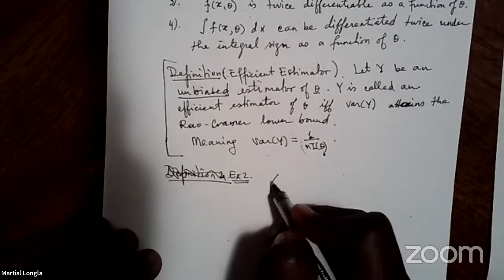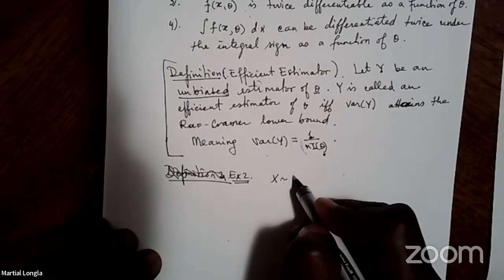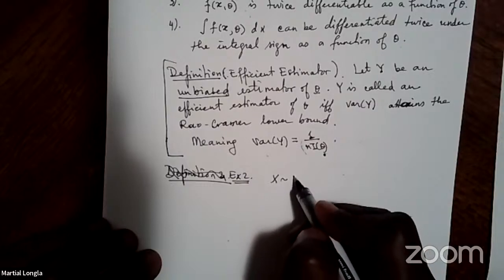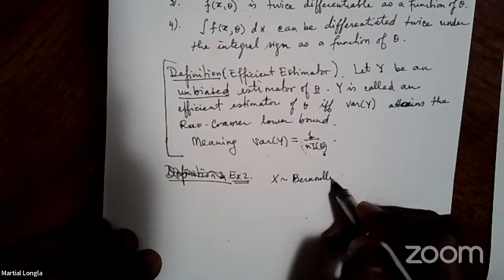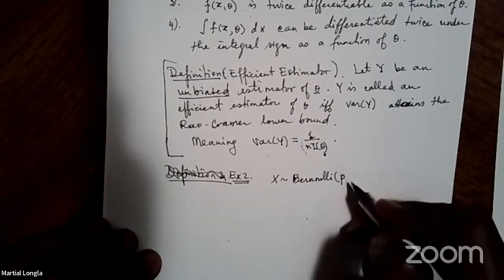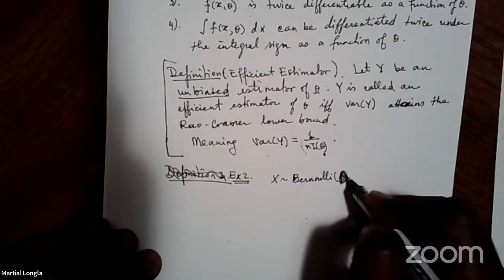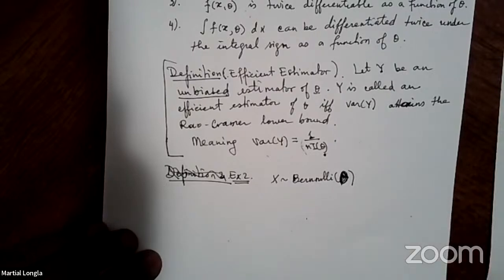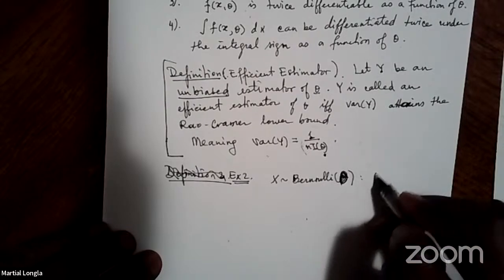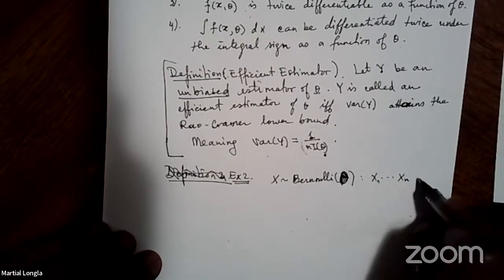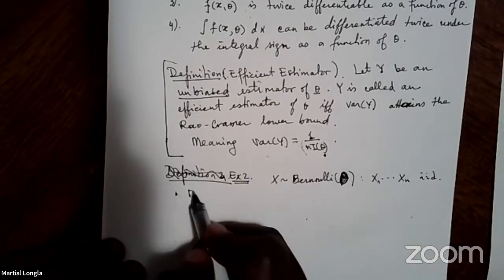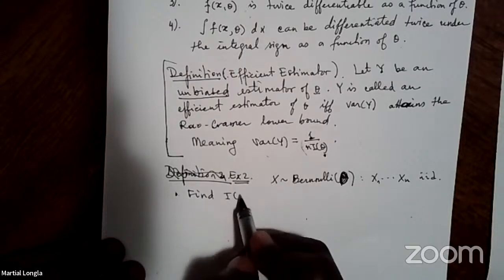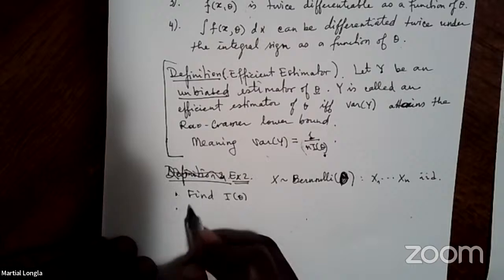Let's say here X follows a Bernoulli with parameter theta, and we have X1, ..., Xn as the random sample, IID. Find I of theta.